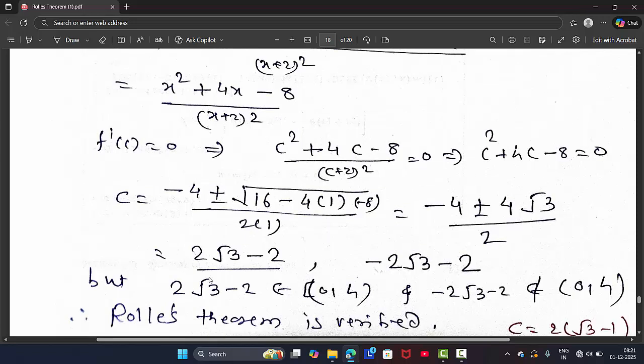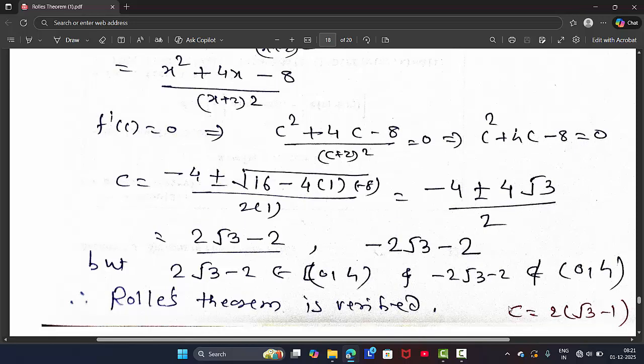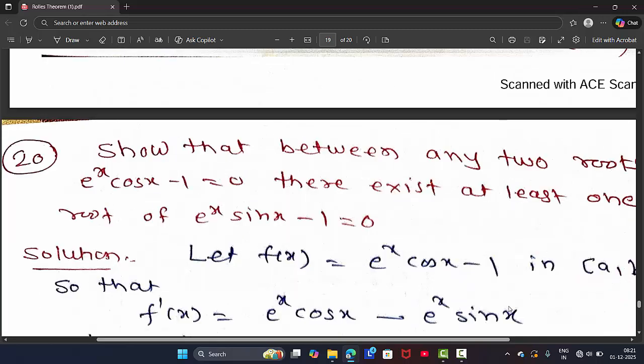Here 2 root 3 minus 2 belongs to (0, 4), but minus 2 root 3 minus 2 does not belong to (0, 4), and thus at least one value exists in the interval, and hence Rolle's theorem is verified.